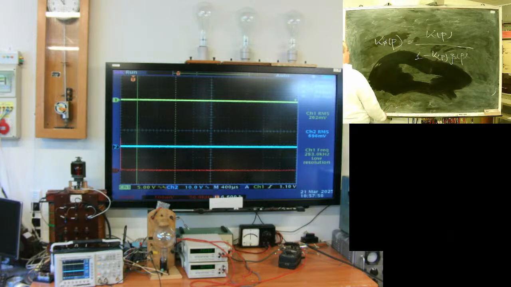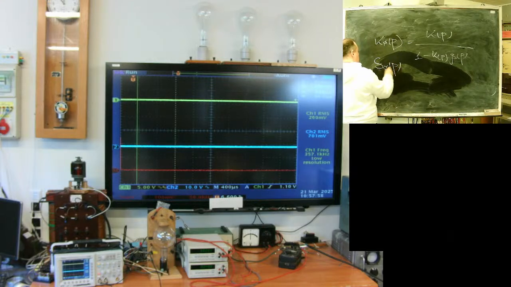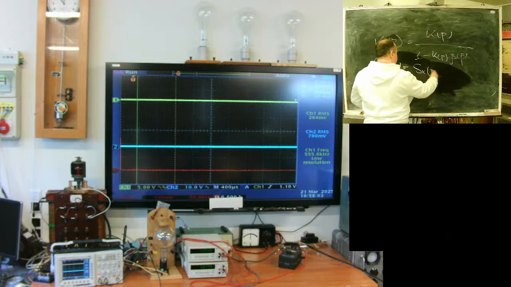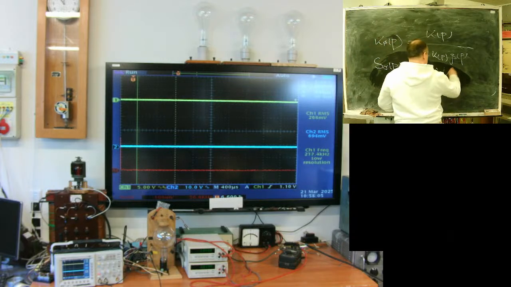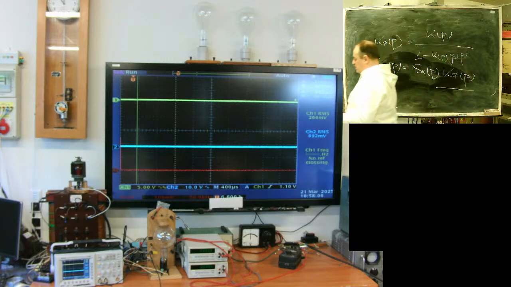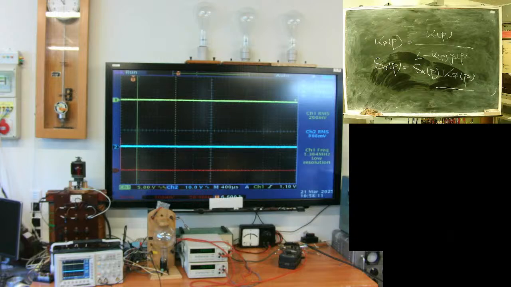And the output will be multiplied by the transfer function in Laplace space.